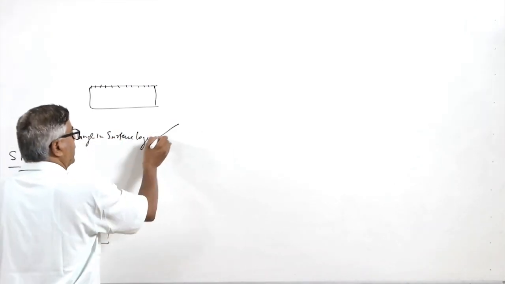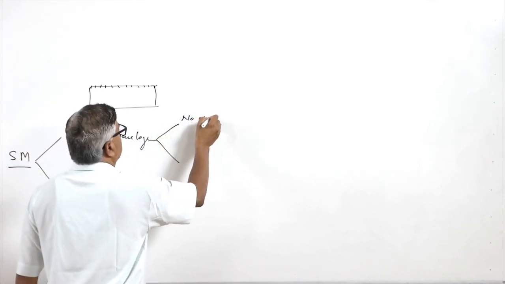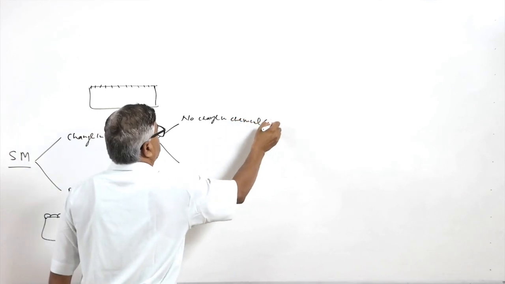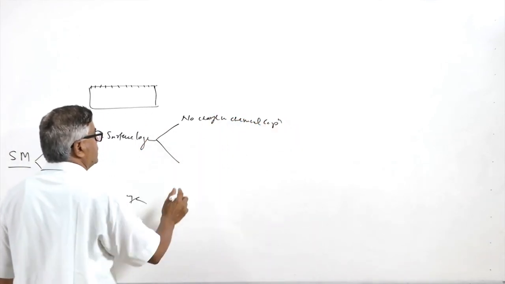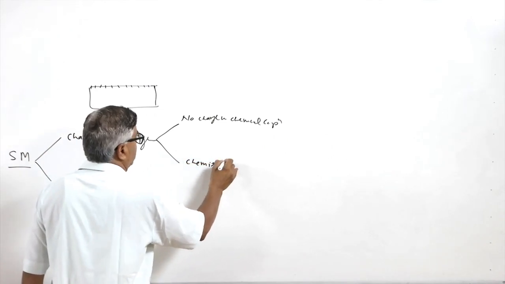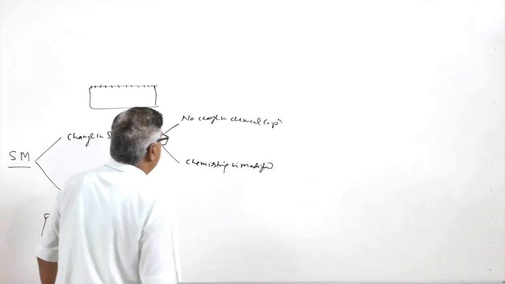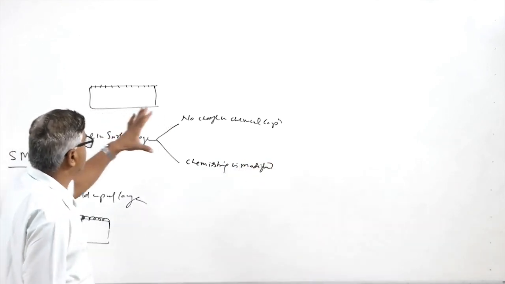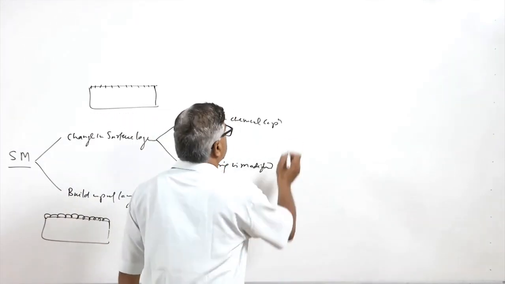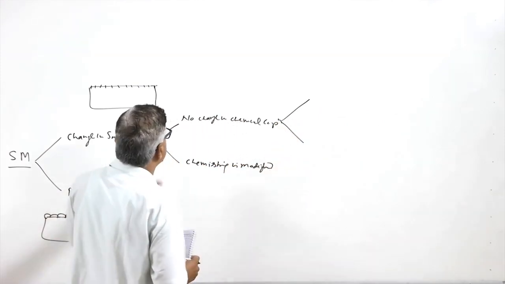So change in the surface properties can happen in two ways. In one category there is no change in chemical composition, and in the other, the chemical composition is modified. In the category where there is no change in chemical composition, we still have two broad approaches at the surface.